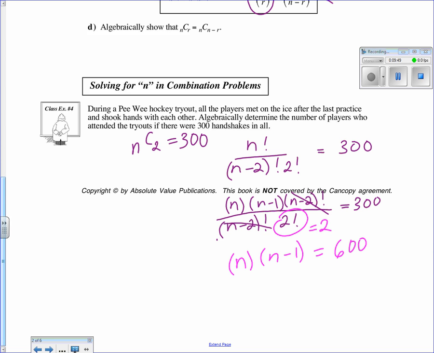I took the square root, and now I think that 25 times 24... not quite, that was 24 times 24. 25 times 24 is 600. So 25 times 24 is equal to 600, which means at my Pee-wee hockey tournament, n was equal to 25.